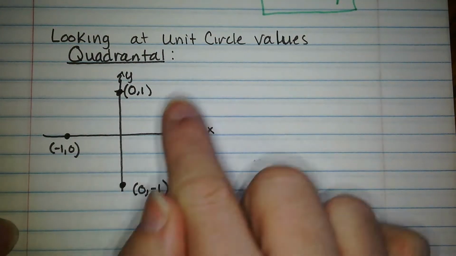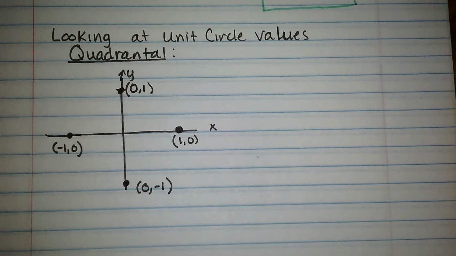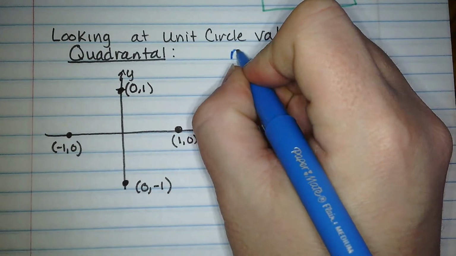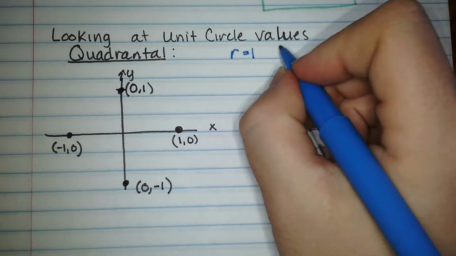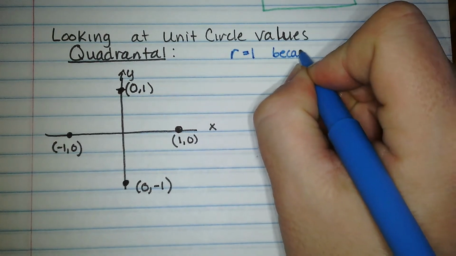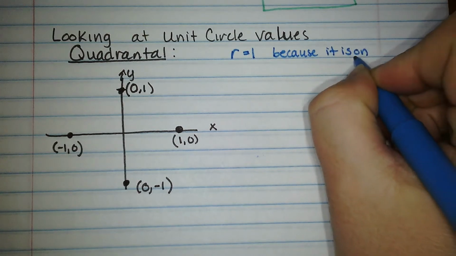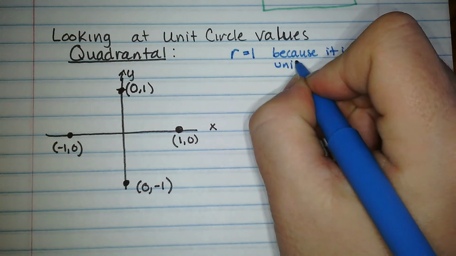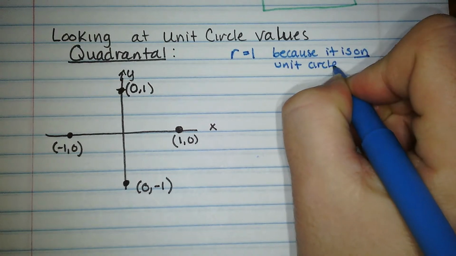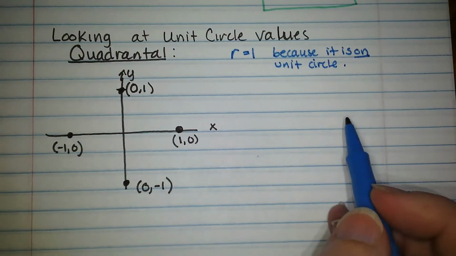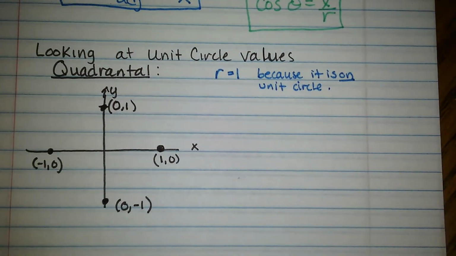So that means that because it's on the unit circle, we will be using radius equal to 1. So the r is 1 because it is on the unit circle. So for quadrantal ones, we always use the radius equal to 1.